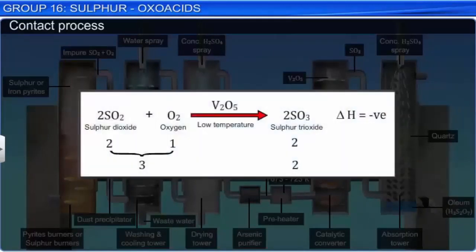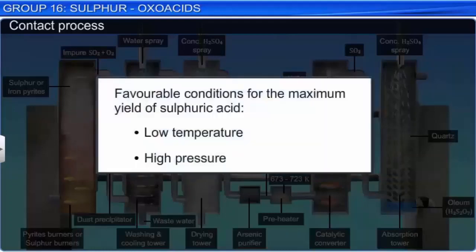Since there is a decrease in the number of moles of gas, the process is favored by a high pressure. Hence, low temperature and high pressure are the favorable conditions for maximum yield.